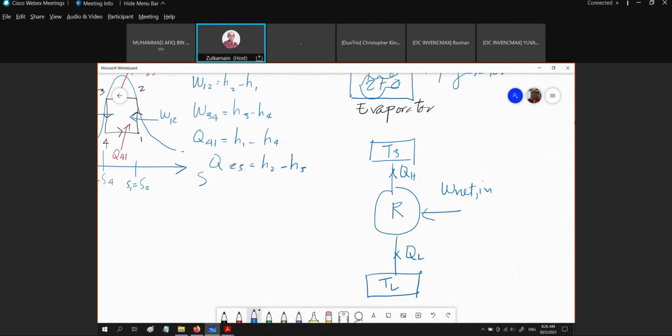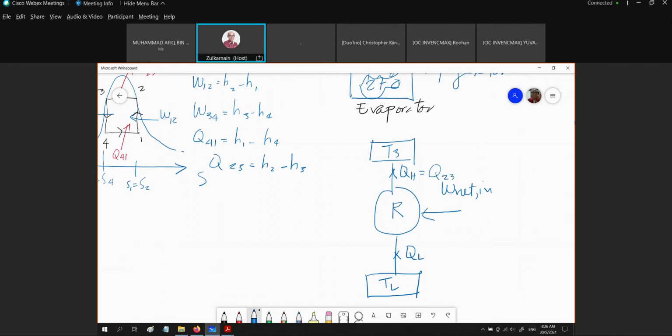If I relate what we have learned in the second law of thermodynamics with the reverse Carnot cycle terminologies, then this QH is equivalent to Q23.